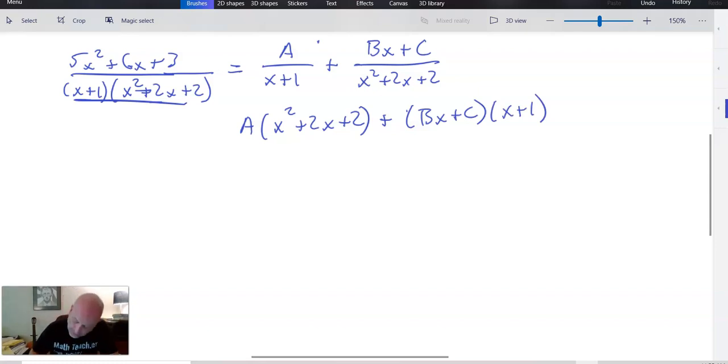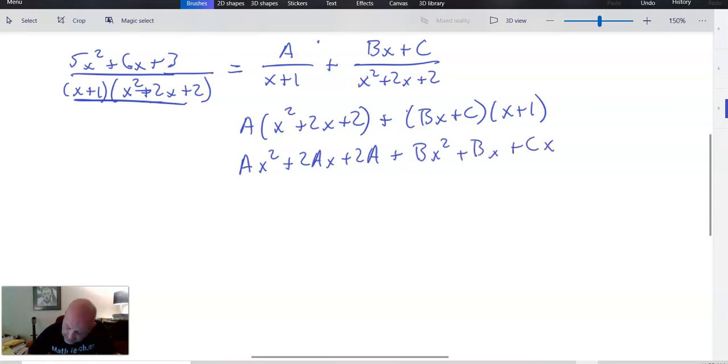Now we just need to distribute everything out and collect everybody together. So we get ax squared plus 2ax plus 2a. And then here, this is basically just foiling it out, so you get bx squared plus bx plus cx plus c. So that's everybody all foiled out.